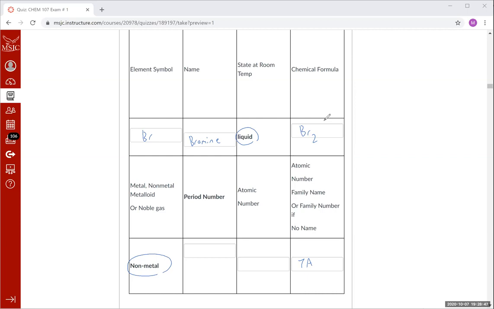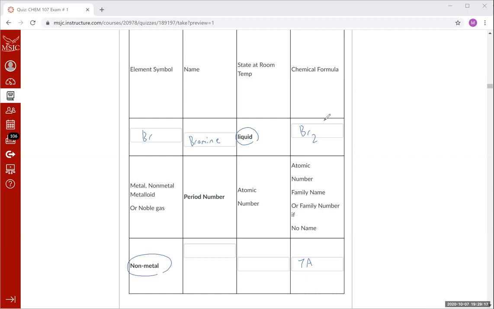I'm still working through it to make sure everything's correct, and grading the parts that I have to grade by hand. But yes, if you put Br2 liquid, that's more than okay. When they ask for the formula, should we put the state, or just put it when we are writing the equation? You can put that for the formula. That's more than okay. Okay, thank you.